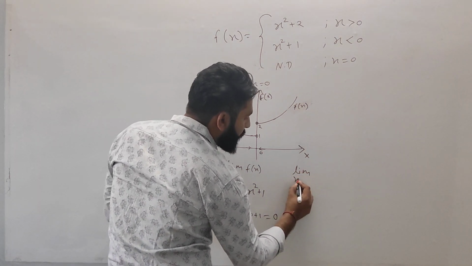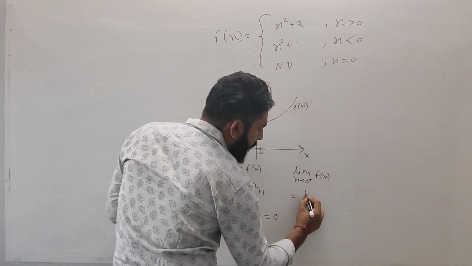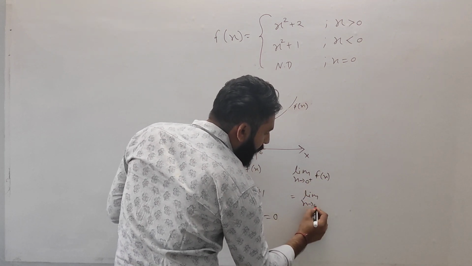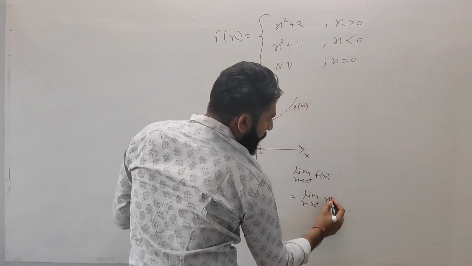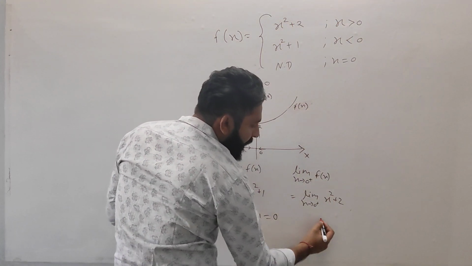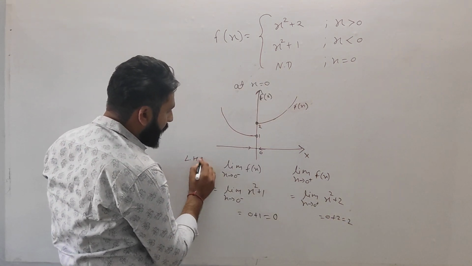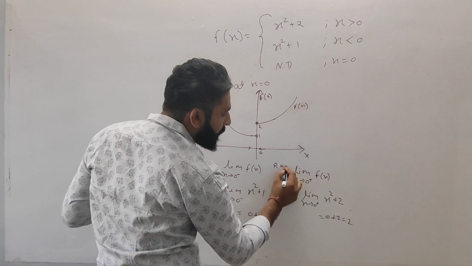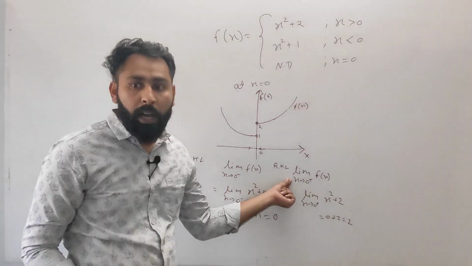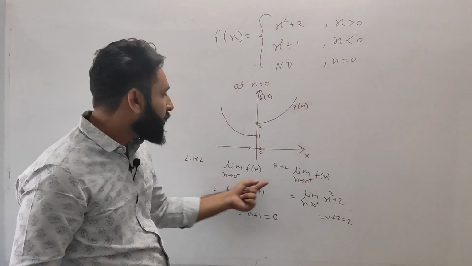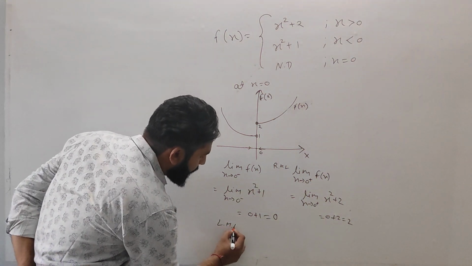Limit x tends to 0 positive of f of x, x is greater than 0, so the function we use is x square plus 2, in which case 0 plus 2 is equal to 2. This is called the LHL, and this is called the RHL. In this case, LHL does not equal RHL. So we say the limit does not exist.